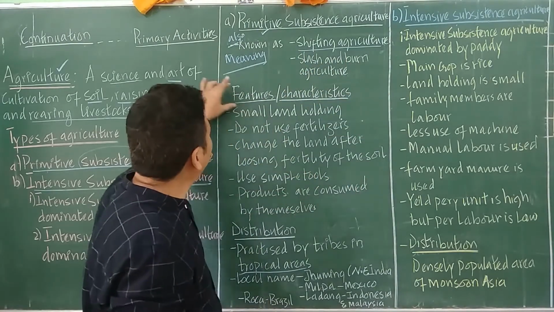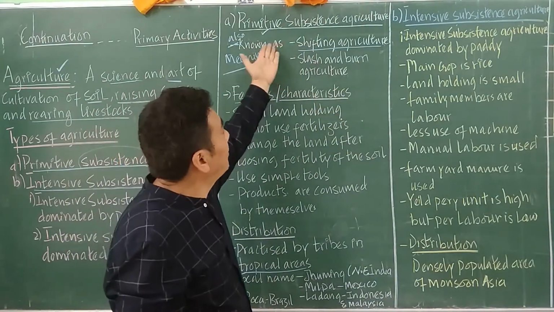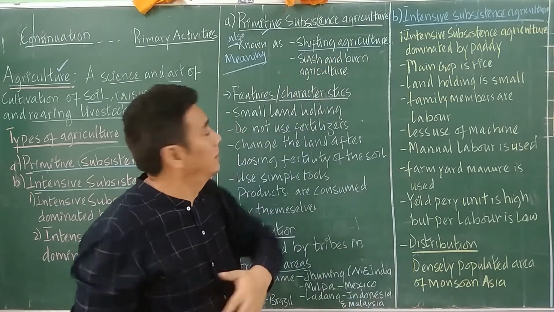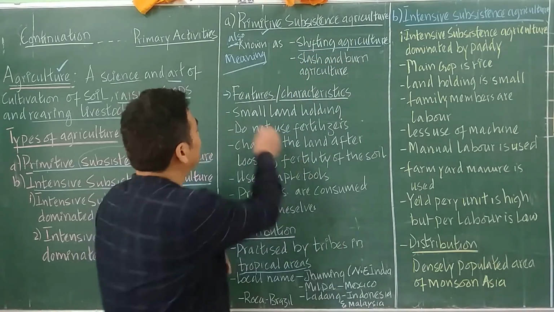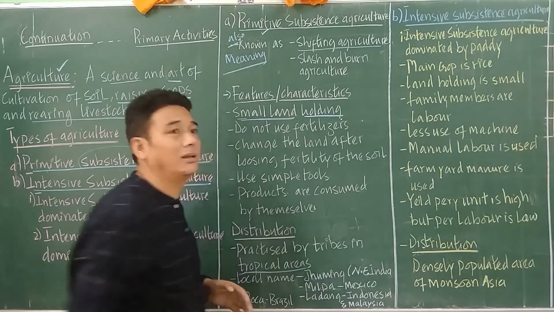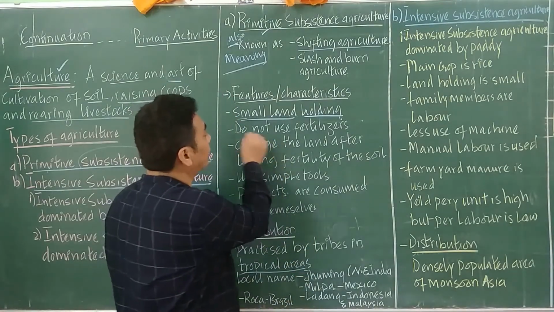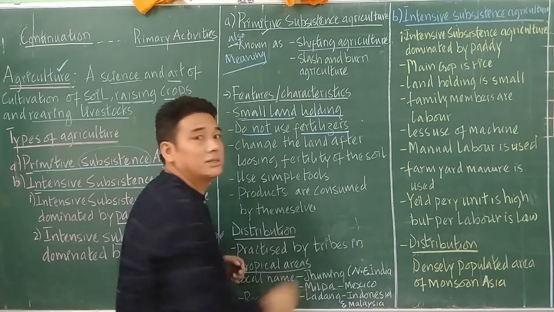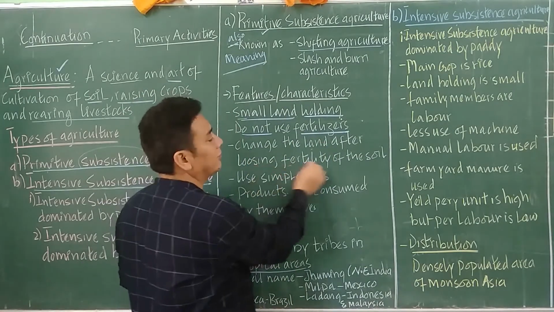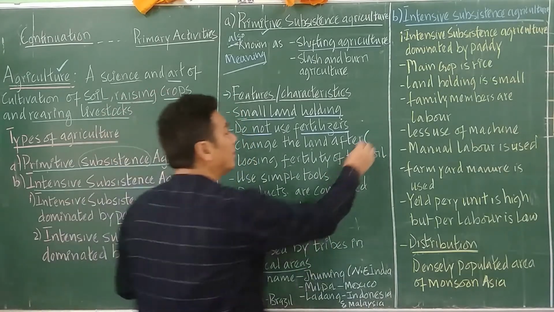Okay, and then the features or characteristics of primitive subsistence agriculture, or shifting cultivation, or slash and burn agriculture. They are holding a small land. They do not use fertilizers, and they change the land after losing the fertility of the soil.